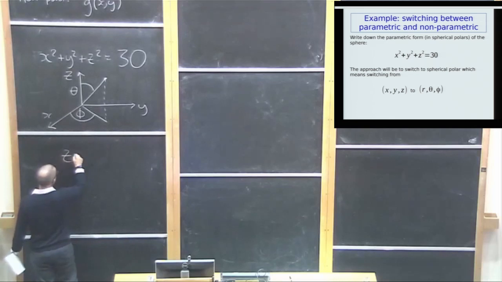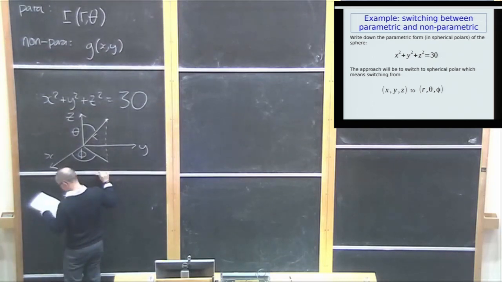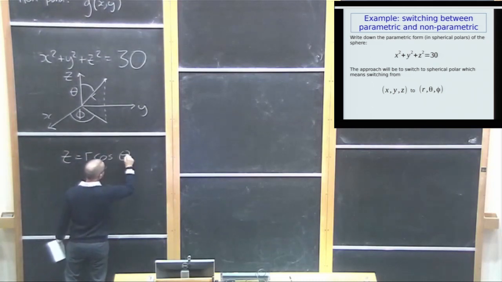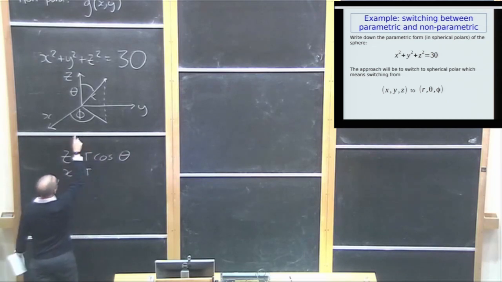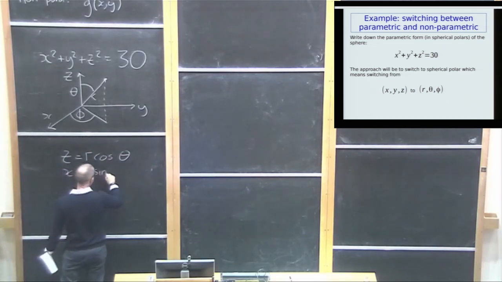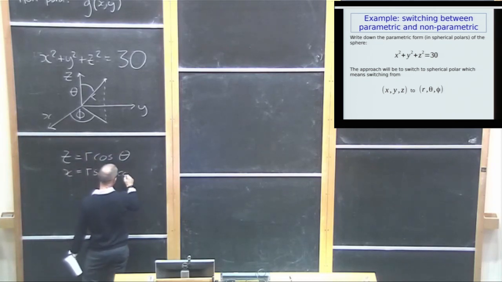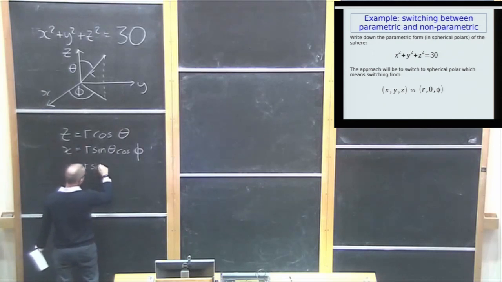So if the length of this vector is r, this means that z equals r cos theta. x equals the projection of this, r sine theta, down onto the xy plane, and then projected onto the x-axis, cos phi, and y is r sine theta sine phi.